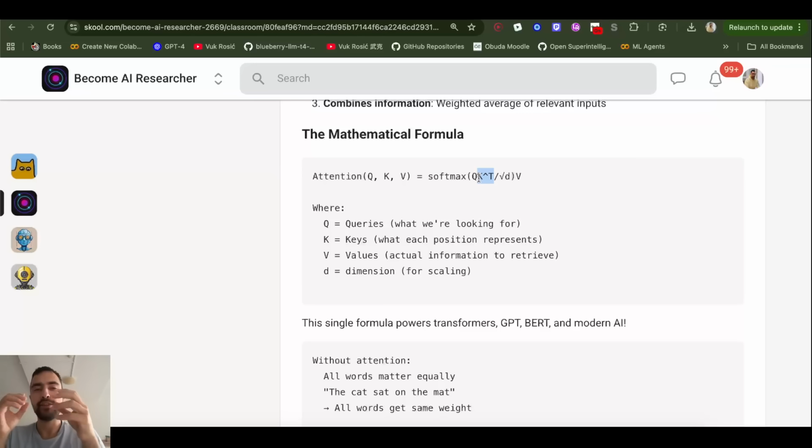So instead of calculating keys one by one, query times key, query times key, query times key, we put all of this into a matrix. And we calculate this vector with this key matrix. And transpose is just because that's how you do matrix multiplication. So that's why it's here, to indicate it's a matrix multiplication. You need to take care of which dimensions, what's transposed, what's not.